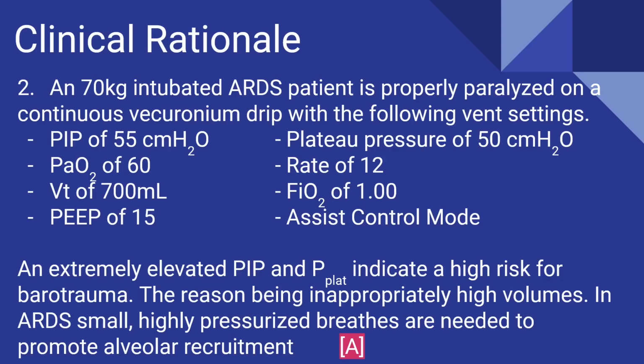So what that tells us right away is that the patient is still in ARDS because their PaO2 is not responding to the therapy we're giving. The PEEP is adequate, so we need to keep giving them respiratory support to try to open those alveoli.